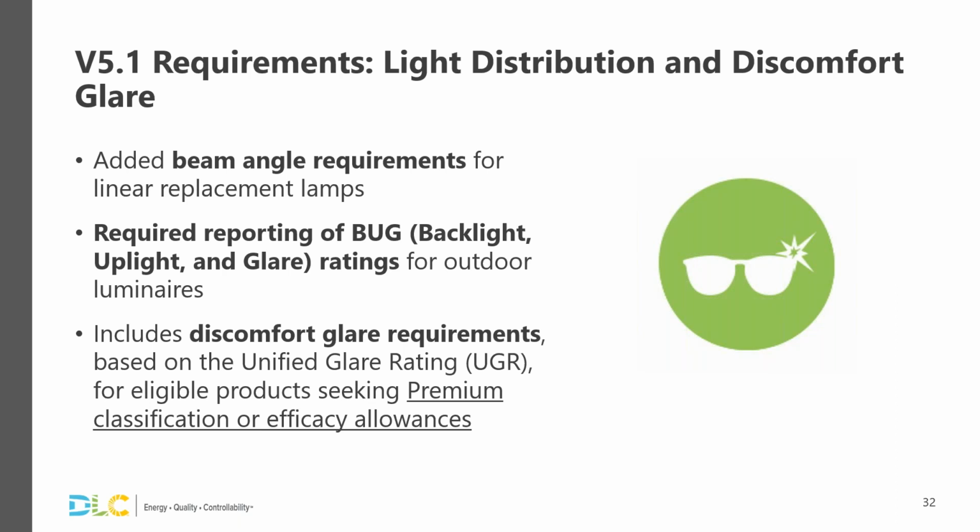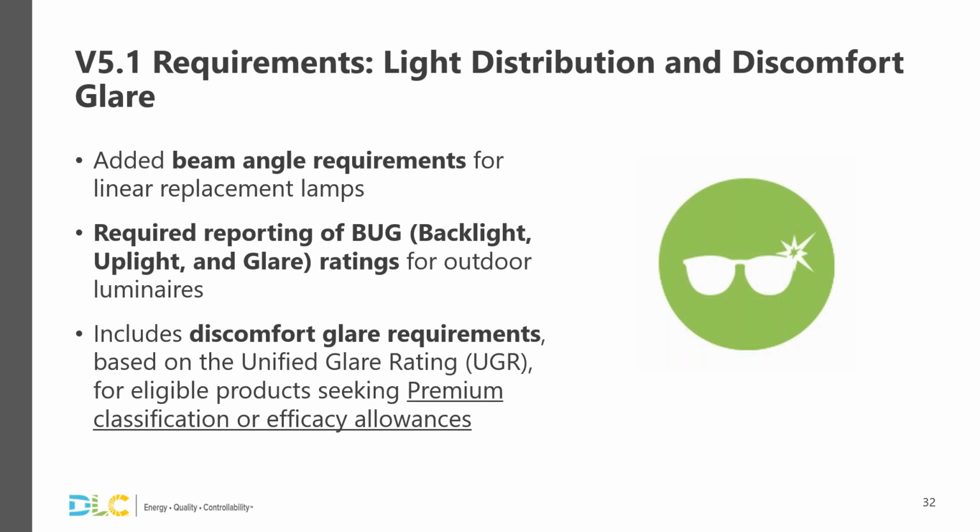First is the beam angle requirements for linear replacement lamps. The DLC has removed the testing requirements for linear replacement lamps in reference housings. As a result, in-luminaire light distribution requirements, including zonal lumen distribution and spacing criteria, are no longer qualification criteria for TLEDs.